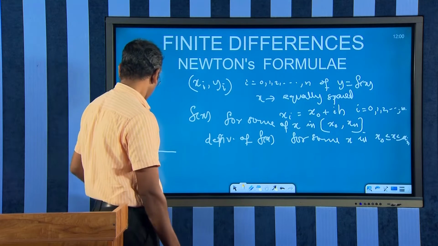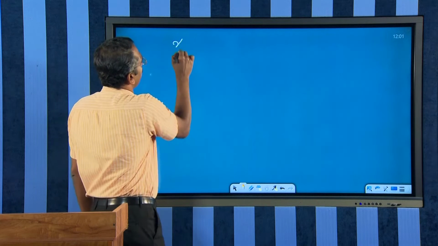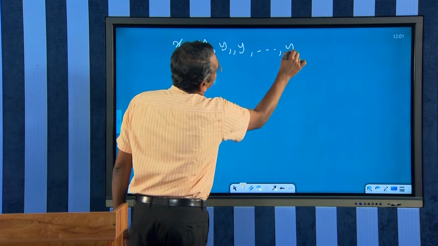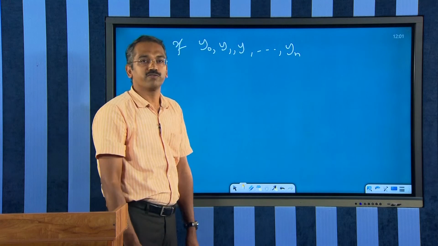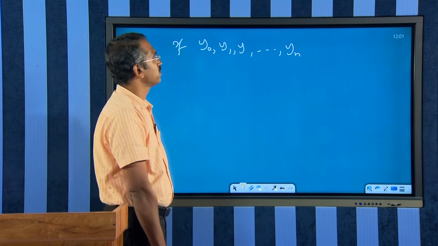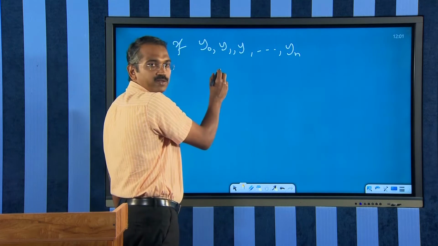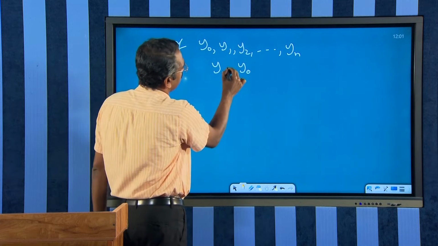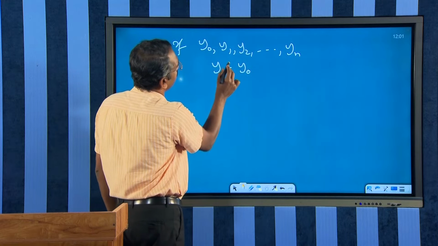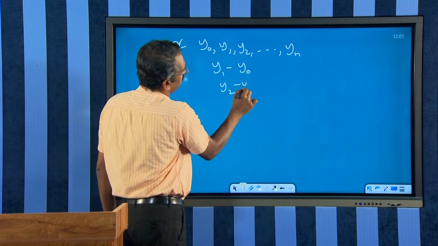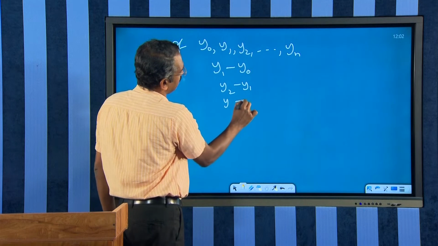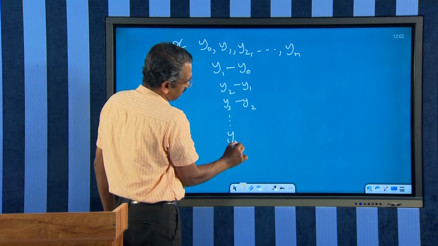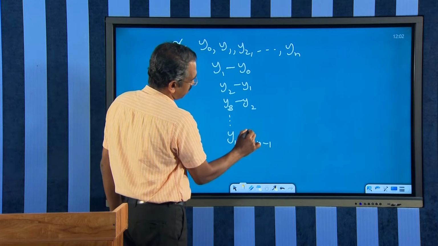Now, if y0, y1, y2, etc., yn are the values of the function y equals f of x, then we define the differences y1 minus y0, then y2 minus y1, y3 minus y2, etc., yn minus yn minus 1.